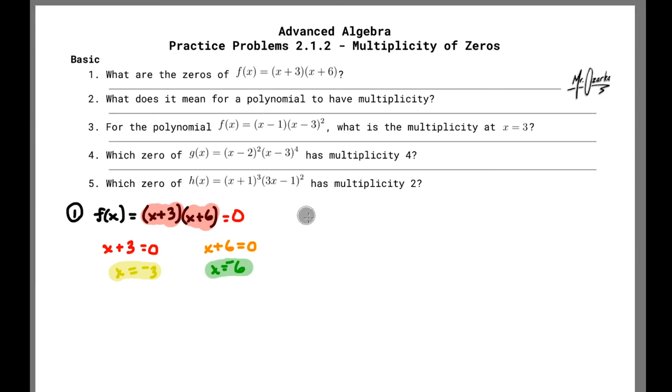All right, number 2, it says, what does it mean for a polynomial to have multiplicity? What that means is it has linear factors that are the same.